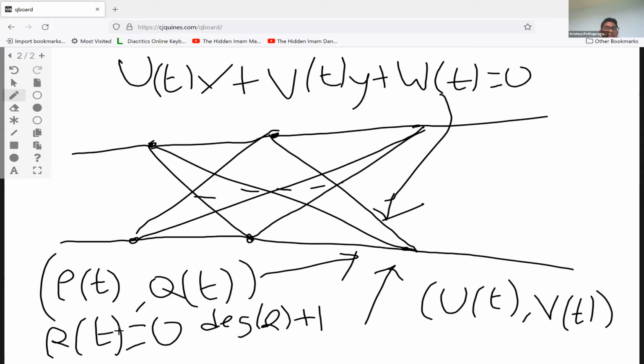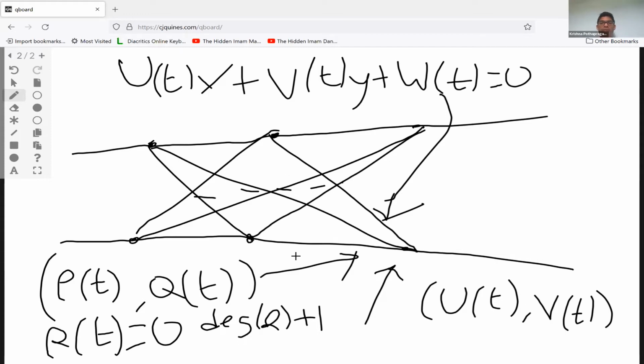And showing that for degree of R plus 1 values of t it equals 0 is equivalent to showing that for degree of R plus 1 positions of our animated point, the problem is true.